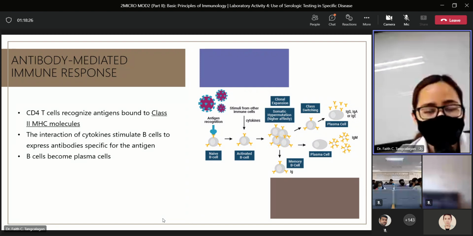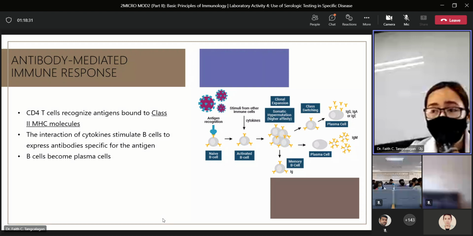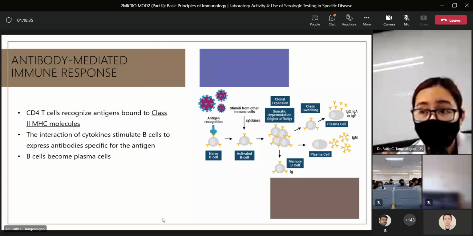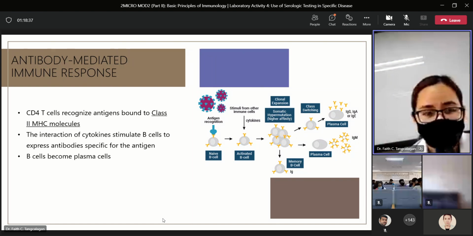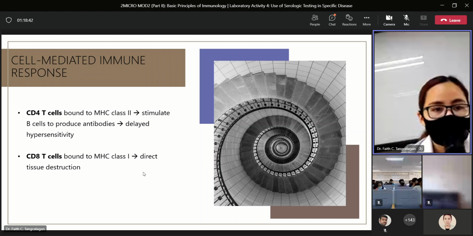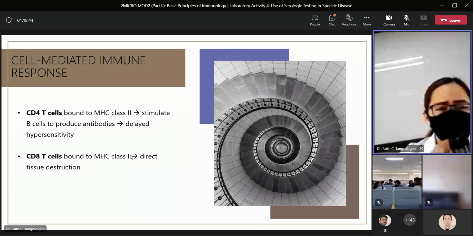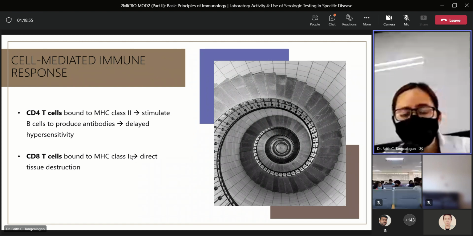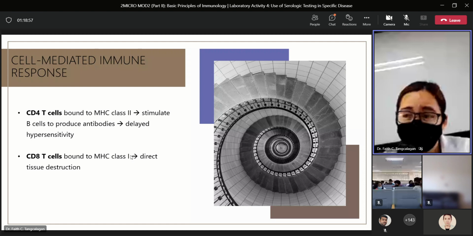Once your B cells encounter the antigen, they mature to become plasma cells. Now, your cell-mediated immune response: what is the difference between your antibody-mediated immune response and your cell-mediated immune response? So this is the difference. Your antibody response is more on the CD4, right?